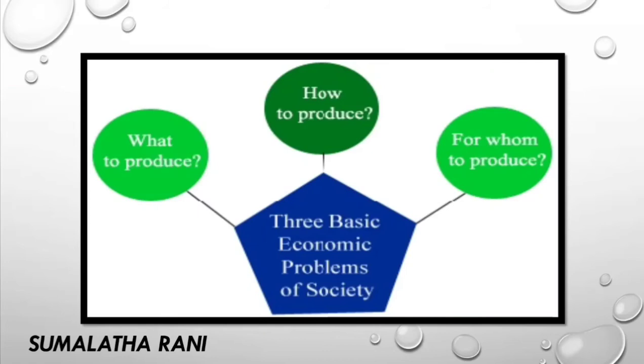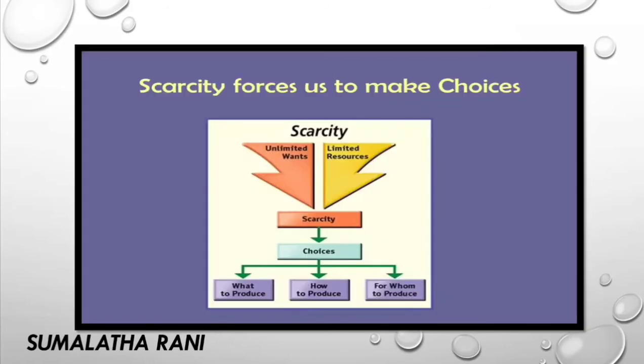So children, there are three basic economic problems. What are they? What to produce, how to produce, and for whom to produce. The problems in economics arise due to scarcity of resources, which forces us to make a suitable choice.